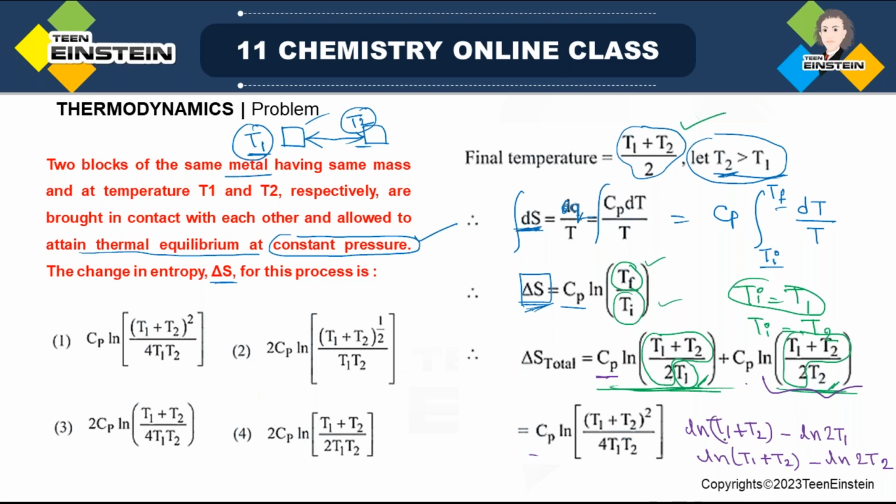Here some steps are jumped, but if you write it properly stepwise, you will reach this, and it is matching with option 1. So it is very close to this value. Here we have 2, so be very careful in which case it is properly written. It is option 1.